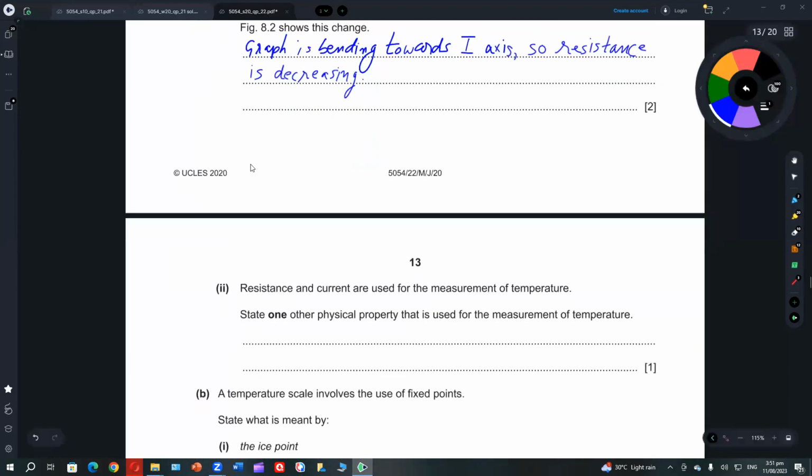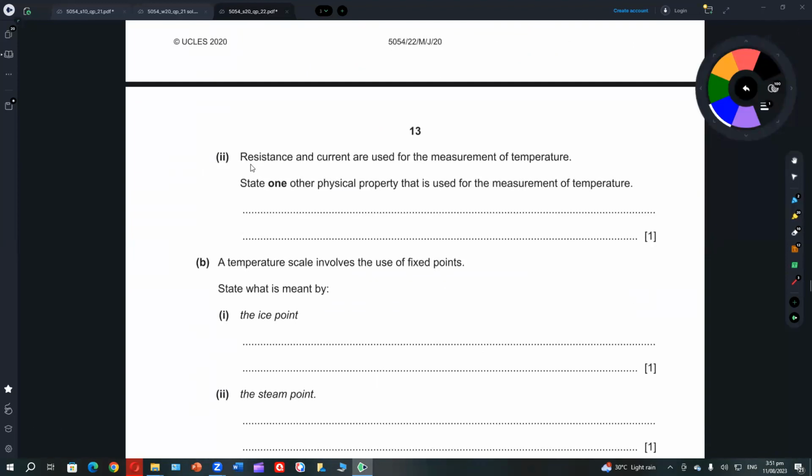Resistance and current are used for the measurement of temperature.